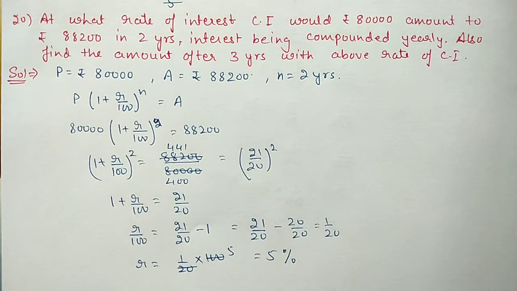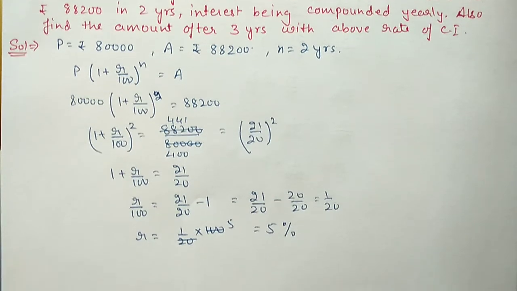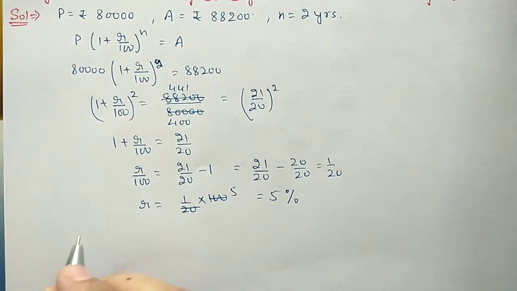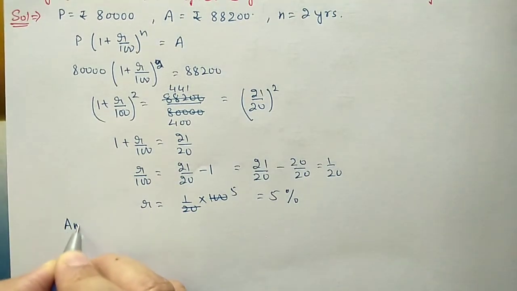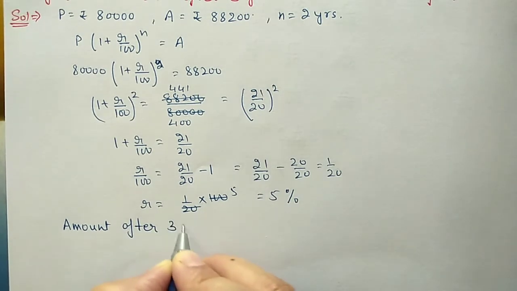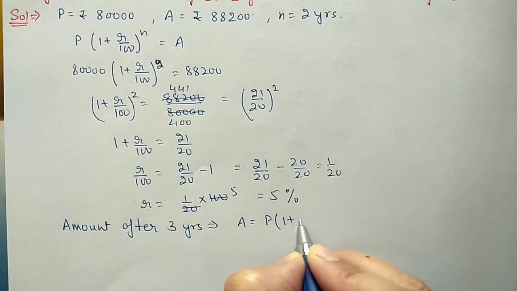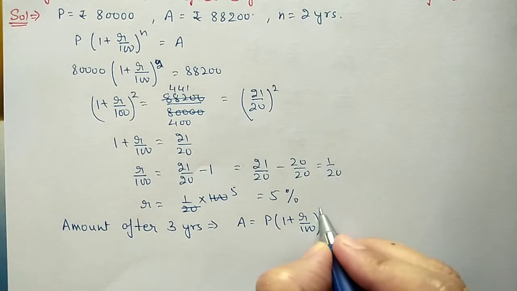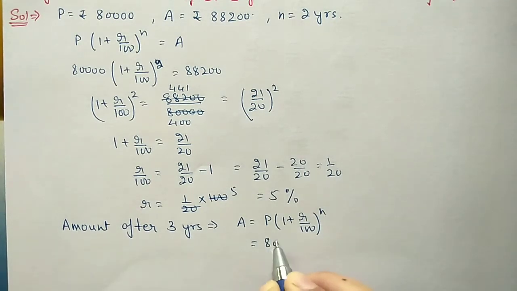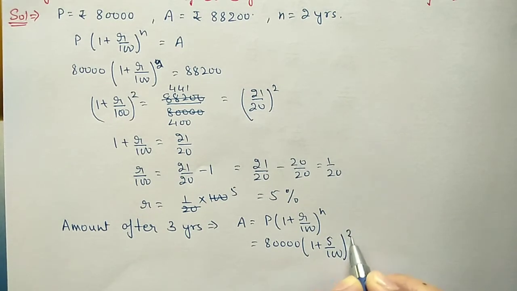Now with the help of this rate of interest we have to find out the amount after 3 years. For this you can use the simple interest formula for the third year, or you can use the direct formula. So the amount for the third year: A is equal to P times (1 plus R by 100) to the power N. So P is 80,000 rupees, R is 5 by 100, to the power 3.